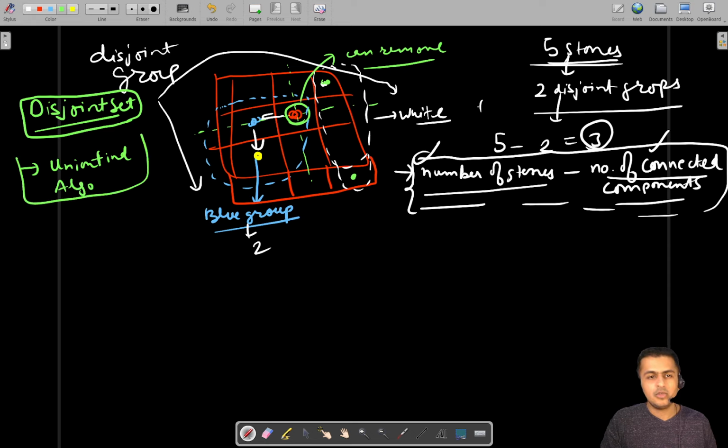If you are not familiar with it, I will be providing links to a couple of articles on what this data structure, disjoint set, is, and how to implement it. Basically there are a couple of implementations, the basic implementation, and then optimization on top of that.